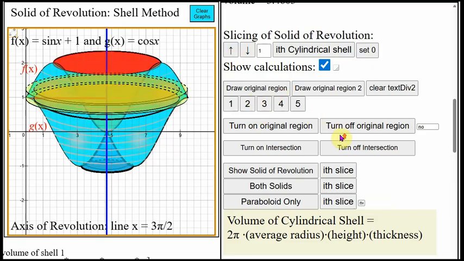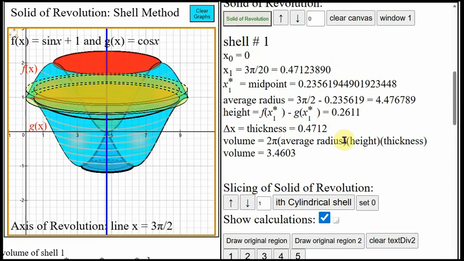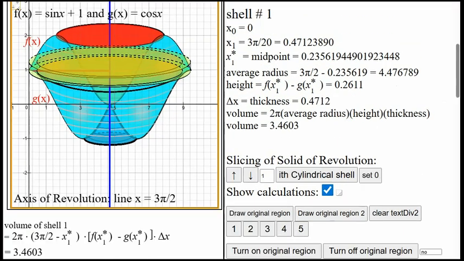And so here is shell number 1. Shell number 1 will go from x equal to 0 to x equal to 3 pi over 20. The distance from the y-axis to the axis of revolution here is 3 pi over 2. So I'm dividing it into 10 sub-intervals.